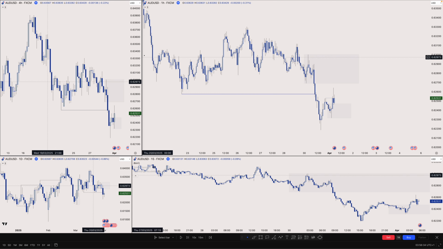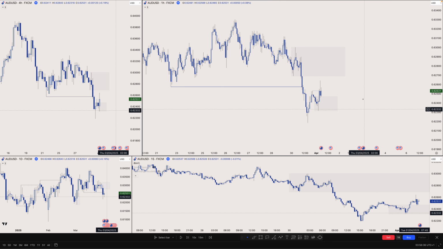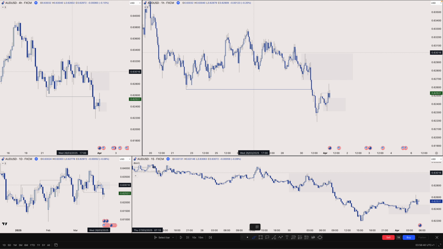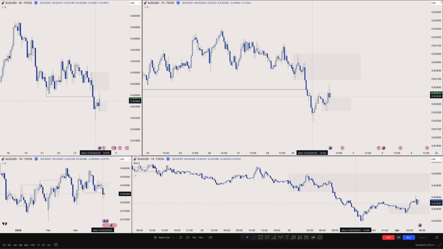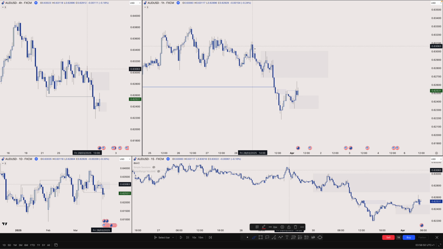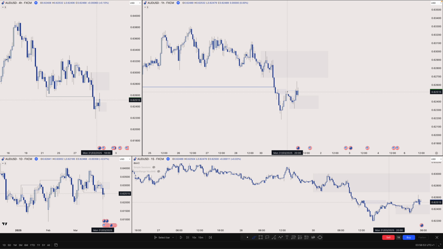Going on the 1 hour time frame now. So what did we have? Same structure as 4 hour, we got the breakup structure. We had this supply here on the 1 hour. So we got the break, pulled back into the supply, we reacted, we never broke the low, and then demand stepped in, leading to a break of these highs.